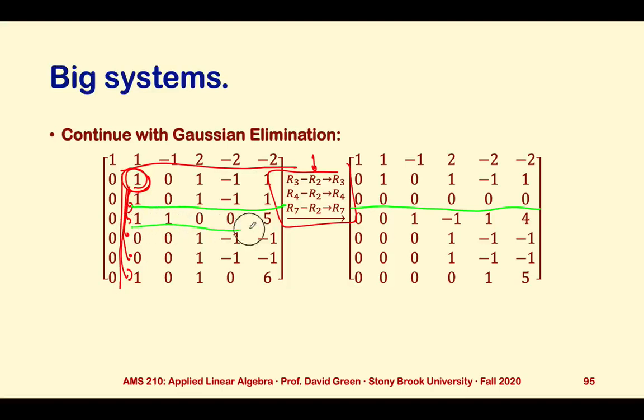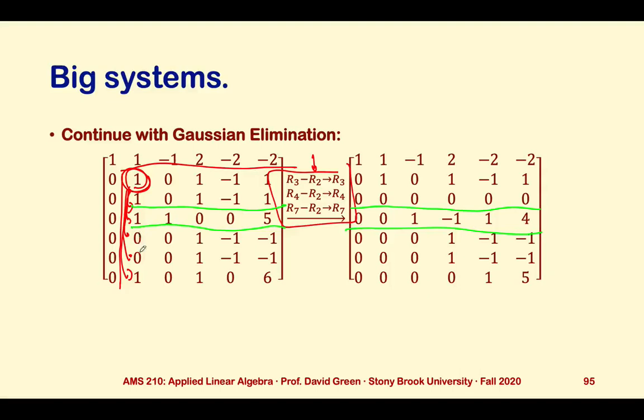Moving down to the fourth row and filling in the corresponding one here. 1 minus 1 is 0. 1 minus 0 is 1. 0 minus 1 is negative 1. 0 minus negative 1 is positive 1. And 5 minus 1 is 4.